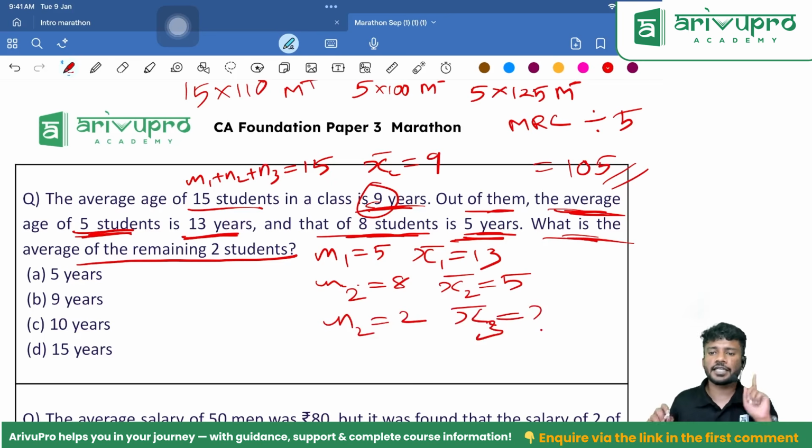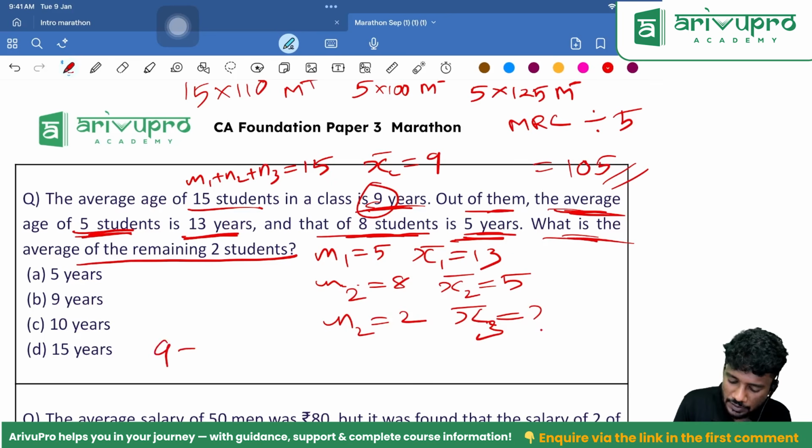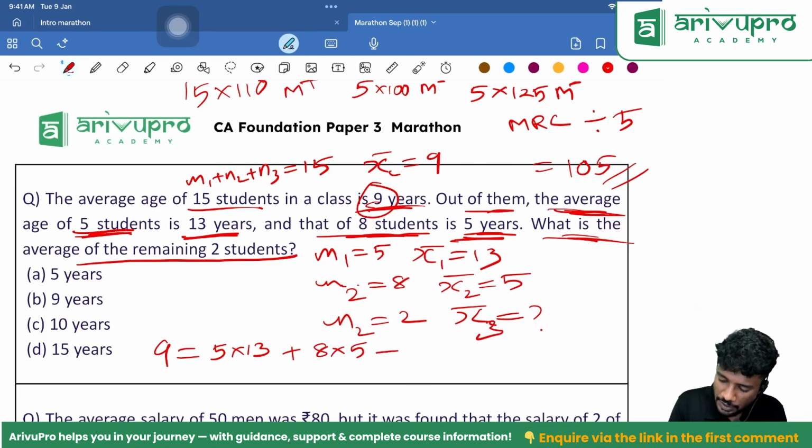Same method. Can you do it? Yes, substitute the values. That means 9 is equal to 5 into 13 plus 8 into 5 plus 2 into X3 bar, divided by 15, total 15.